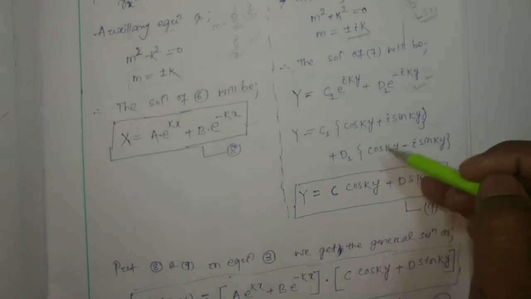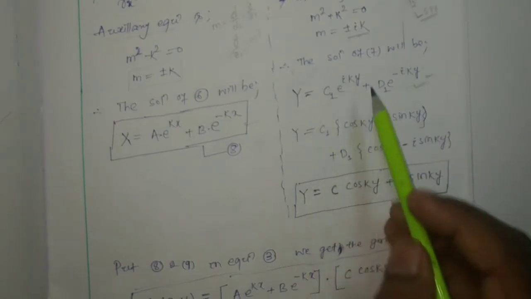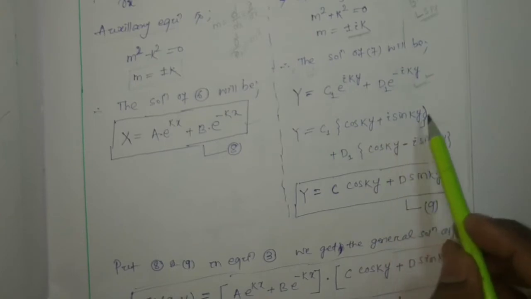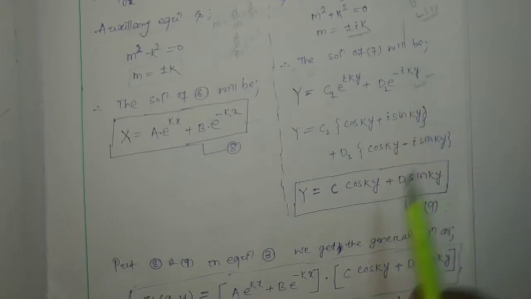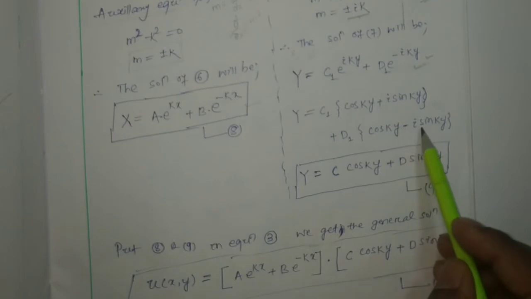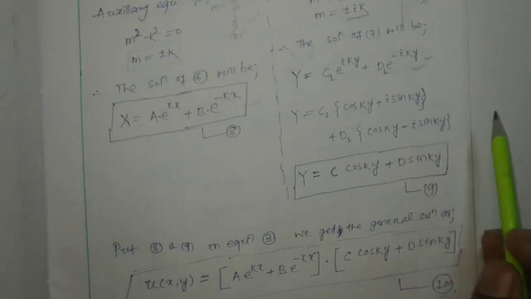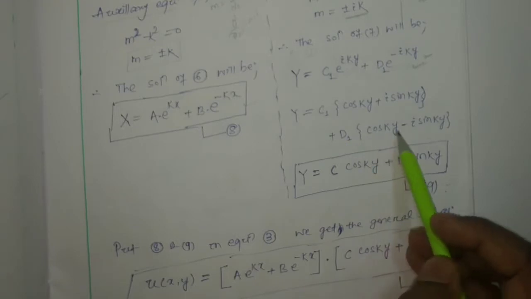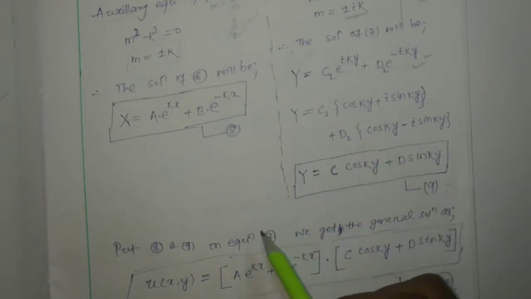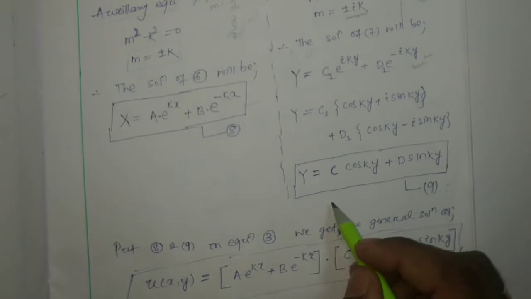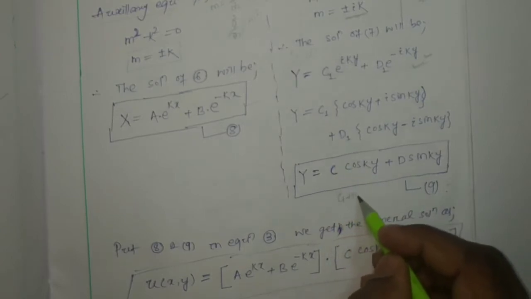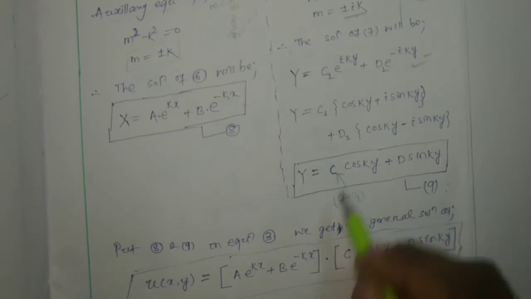Now we have to consider further simplification: e to the power iky can be written as cos ky plus i sin ky, and e to the power minus iky can be written as cos ky minus i sin ky. So here you can see c1 cos ky and d1 cos ky. If we take cos ky common, we get c1 plus d1, which we consider as c.